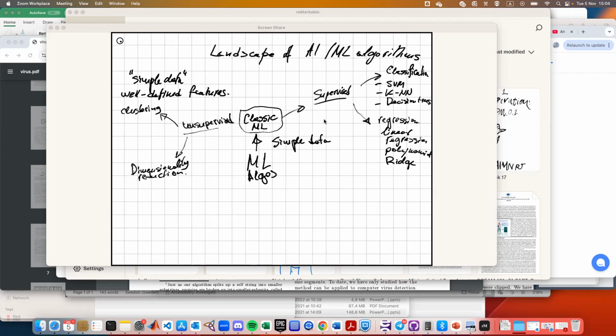For clustering, can you name some approaches? K-means. K-means, absolutely. Isolation forest, yeah. And such.